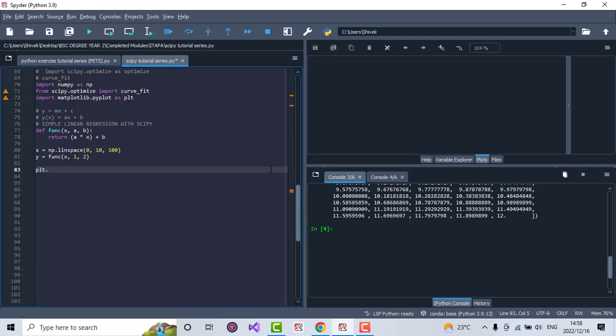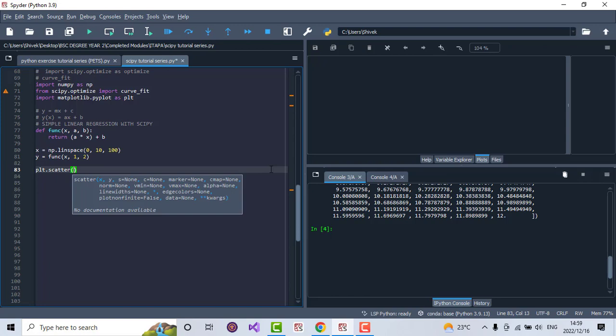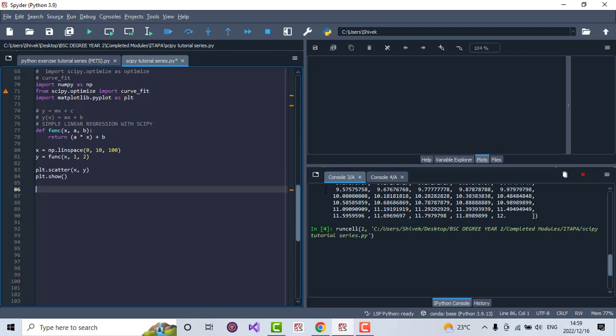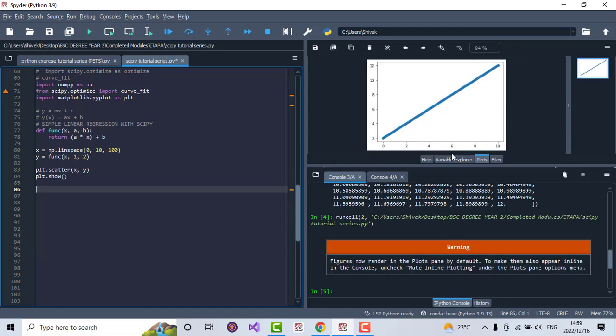Now, to take things one step further, I would like to plot a scatter plot of the data points that we have, x and y, and below that I will say plt.show. You don't have to stress about this, it is kind of extra information for this tutorial series. So I will now hit Control Enter, and as you will see, I am outputted with a visualization of the data points itself.